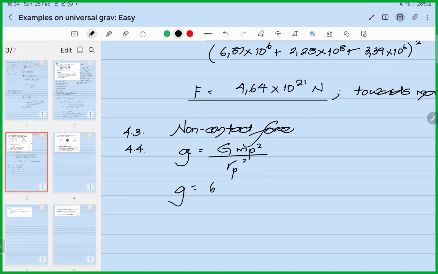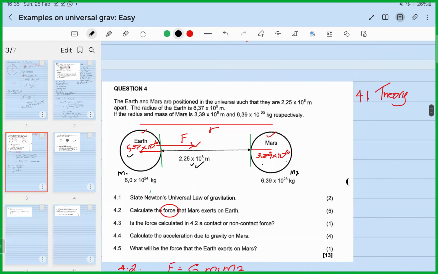So it's going to be 6.67 times 10 to the minus 11. This formula is also on your data sheet, by the way. So if you don't want to learn how to derive it and risk that you won't know it if the derivation does come out, you can just remember the formula from the data sheet. M is the mass of the planet, and here it's going to be the mass of Mars, 6.39 times 10 to the 23.